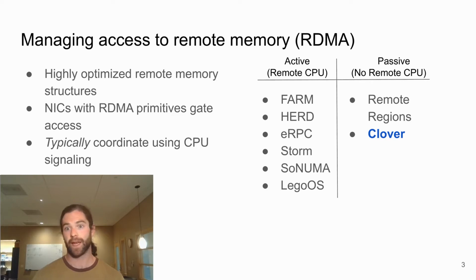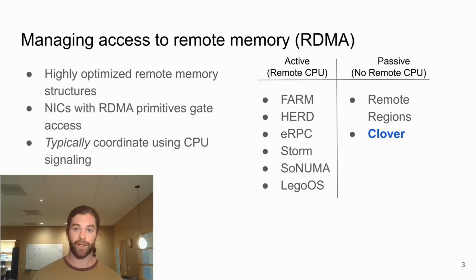And so even if the CPU isn't necessarily participating in a lot of the computational tasks traditionally associated with something like an RPC, it'll still be there to serialize access. If you look at the table on the right, we have projects like FaRM, HERD, eRPC, Storm, even LITE OS, all of which operate under the assumption that there's a remote CPU.